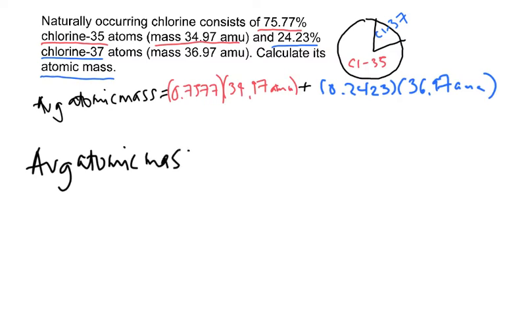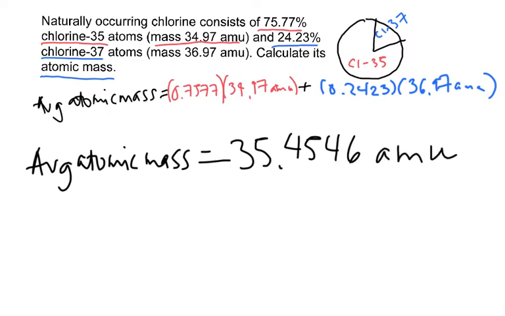So our average atomic mass will equal 35.4546 AMU. Now we need to check for sig figs.